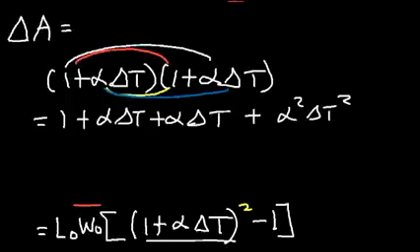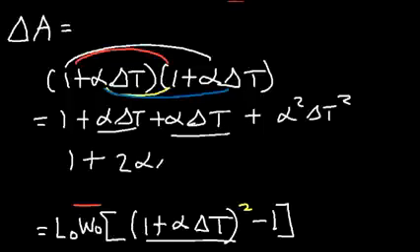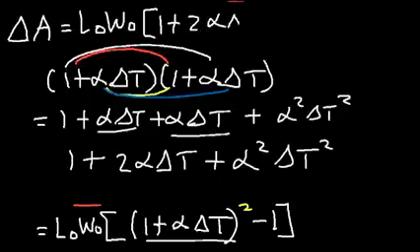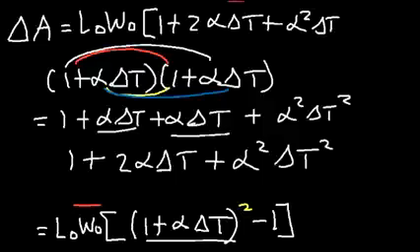So we're going to replace this term with this expression. Now keep in mind, we can add these two terms, so it's really 1 plus 2 alpha delta T plus alpha squared delta T squared. So the change in area is equal to the original length times the original width, and then 1 plus 2 alpha delta T plus alpha squared delta T squared.